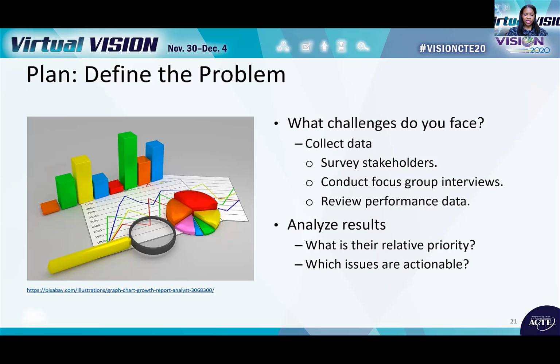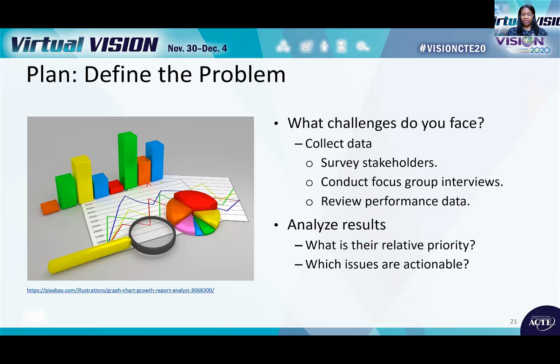You may also wish to review data with those who you've identified as your stakeholder group. And once you have started to collect the data, then you will want to analyze the results. And you will want to identify, based on that analysis, areas that you have of concern that are high priority problems and high priority concerns.